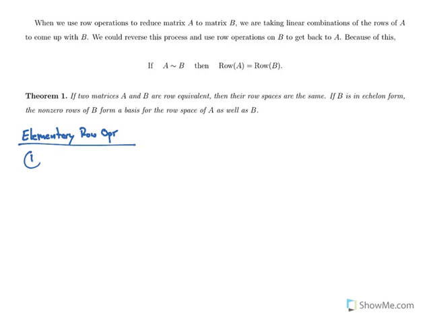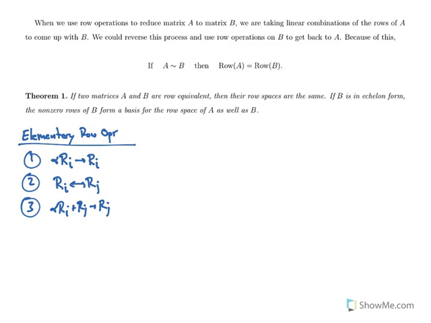We can take a constant multiple times a row. We can swap one row with another, and we can add a multiple of one row to another and replace it with the new row.